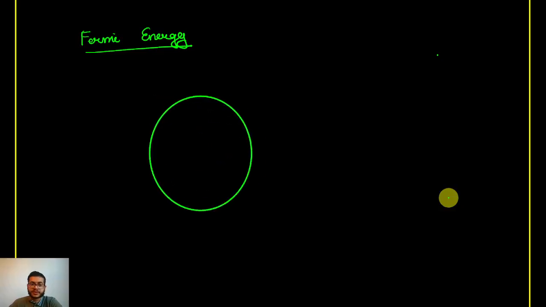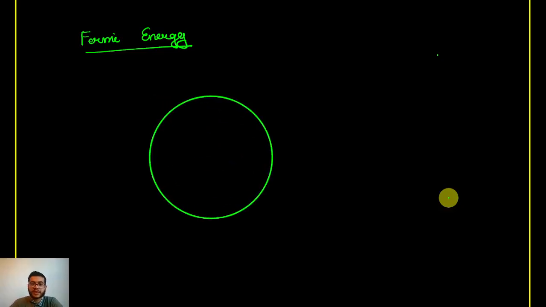So let's say this is the sphere, called the Fermi sphere, and this is the Fermi surface. This kf is often called the Fermi momentum, the largest k magnitude at which you will find occupied states.